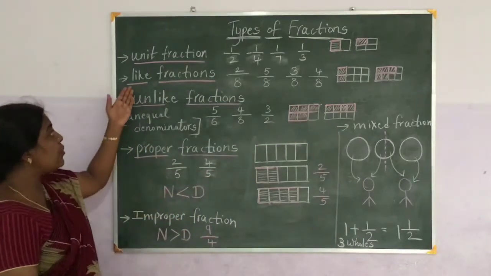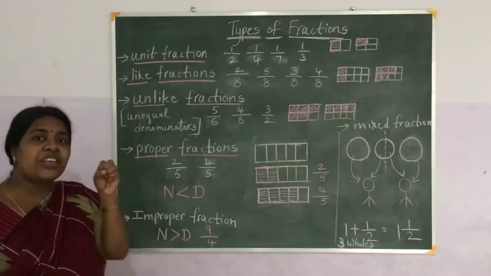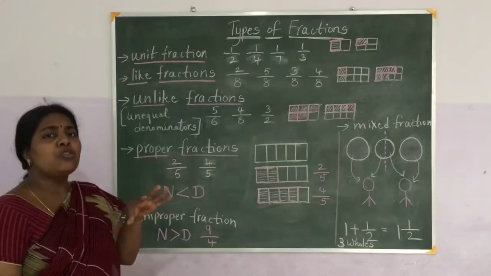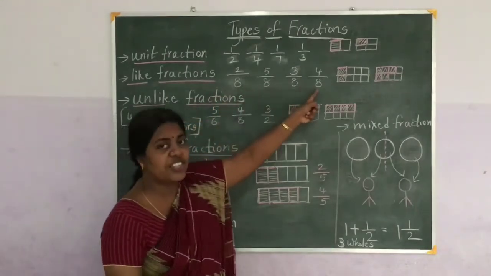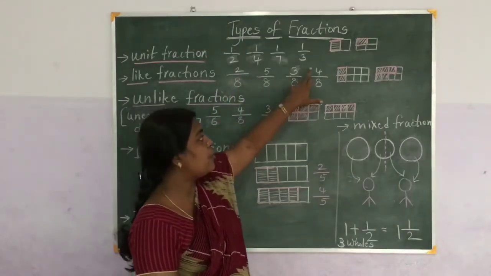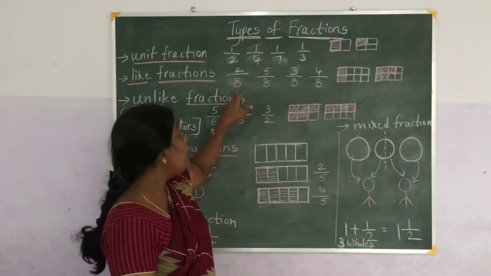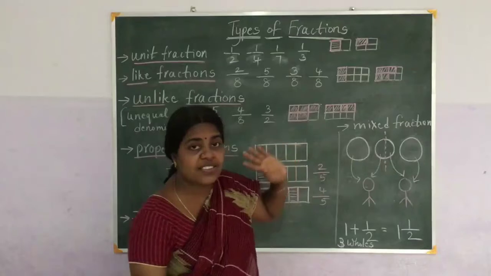Now coming to the next one, like fractions. As the name indicates, like means similar, same. So what is the same here? If you see these fractions, 2 by 8, 5 by 8, 3 by 8, 4 by 8, the denominators are same.